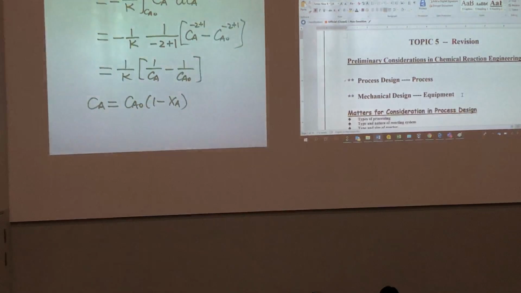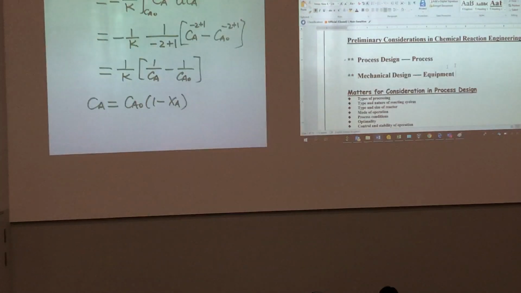Topic 5, the first part. Please, you need to know the difference between process design and mechanical design. Process design is mainly design based on the process-related parameters, right? So you go back to your notes and check what are the main parameters. And then for mechanical design, it's mainly about the equipment structure itself, like for example, stirrer, impeller, or what kind of materials.